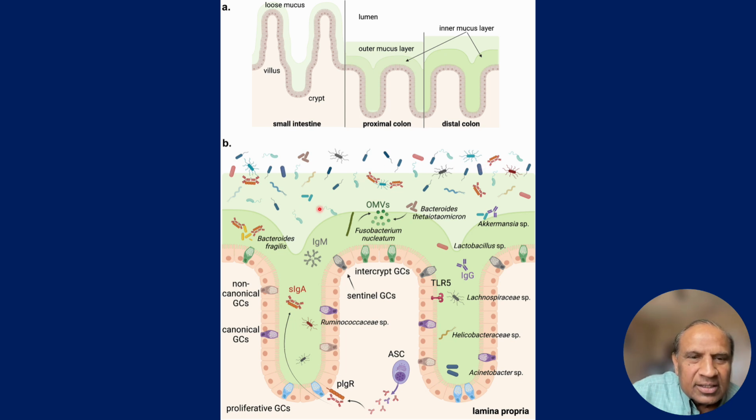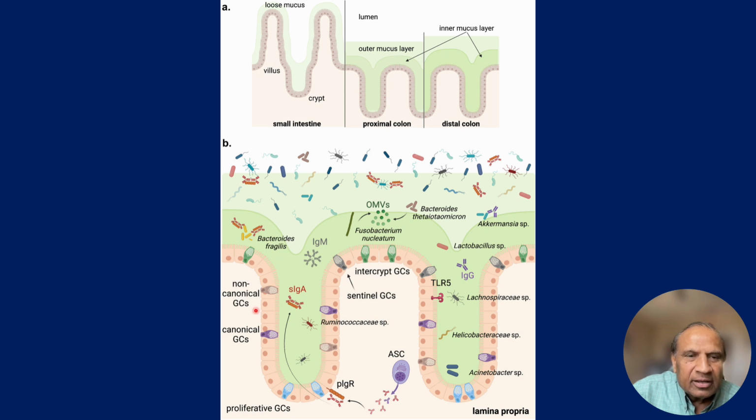There are good bacteria and there are bad bacteria. The good bacteria, as we call them, compete with the bad bacteria for the nutrition in the intestinal lumen, and just the sheer number of these bacteria will prevent bad bacteria from going further through the mucus layer into the intestinal lining.